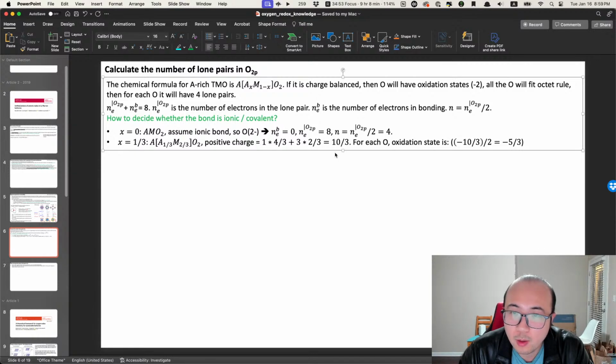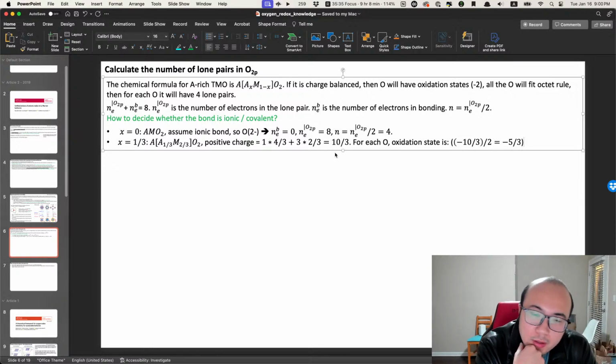And why the lone pair in this? For each oxygen, the oxidation state is this one.